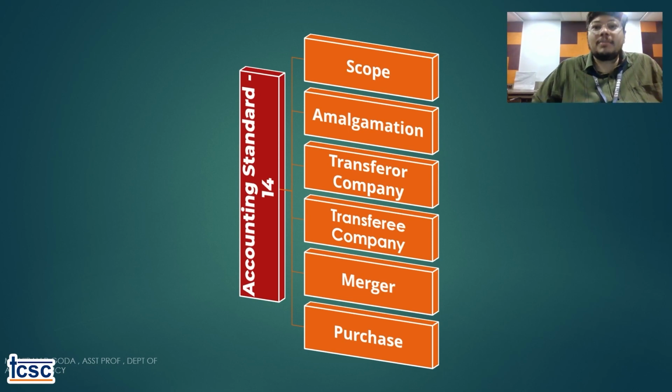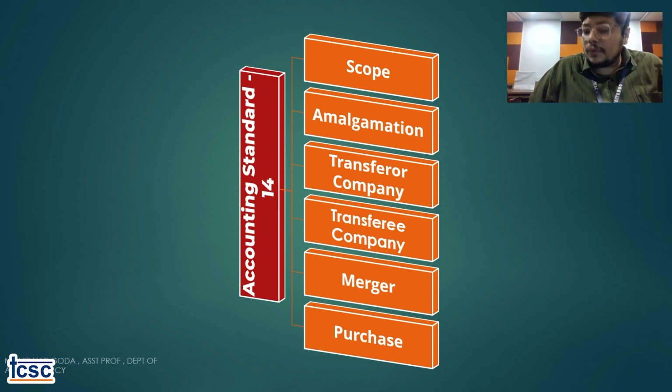Whereas in purchase method, it is exactly opposite. Only the assets and liabilities are transferred. The shareholders' liability is not transferred in the books of the new company.